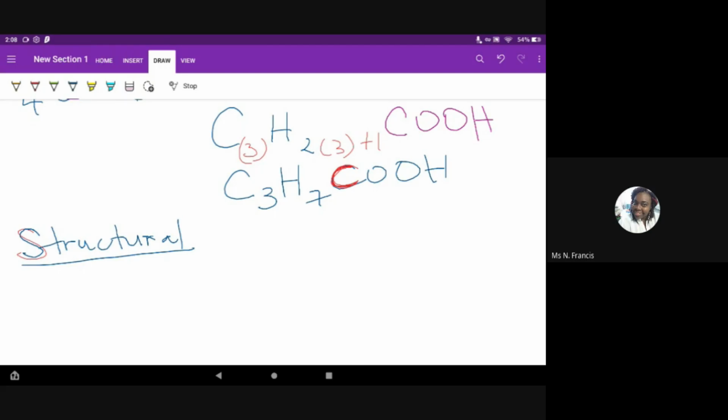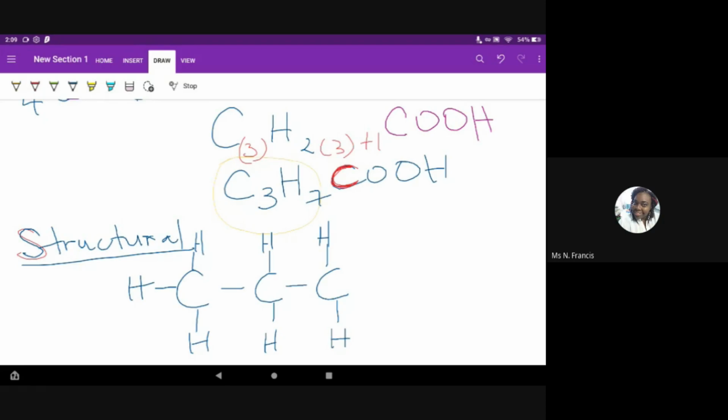I'm going to draw this part first, the C3H7. 1, 2, 3. 1 hydrogen, 2 hydrogens, 3, 4, 5, 6, 7 hydrogens.